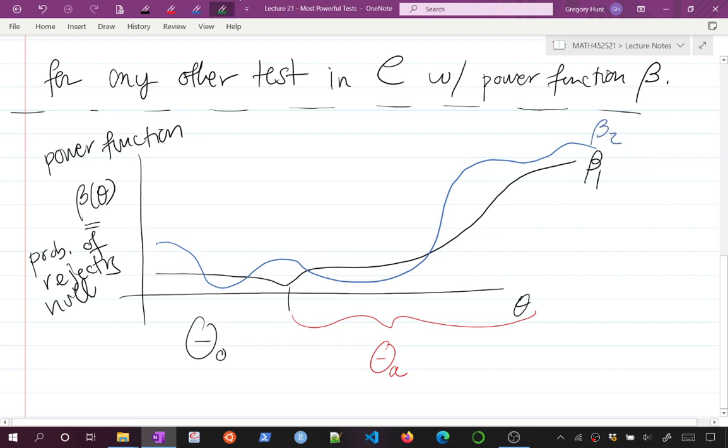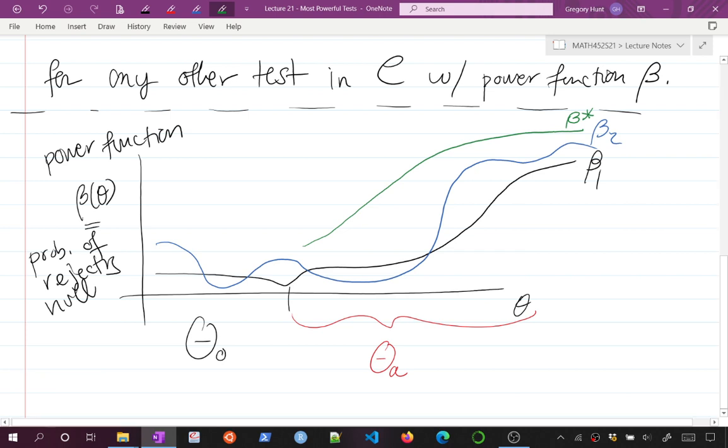And what the uniformly most powerful test has is a power function that's higher. So we'll call this beta star. The uniformly most powerful test's power function is larger than all of the other power functions over the alternative.